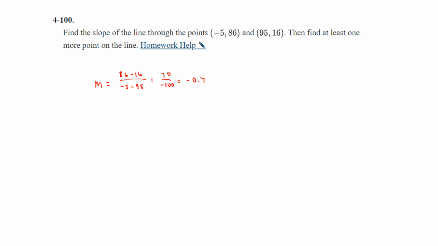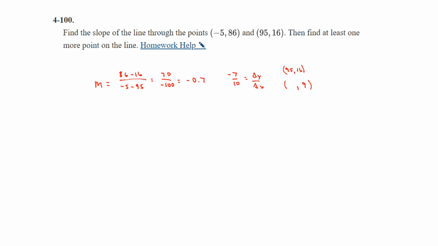Then find at least one more point on the line. You could use that slope, and even if you had it as negative 7 over 10, you could take one of those points and just go down 7 units and right 10. So for example, if I'm going to take the point 95, 16, since this is delta y over delta x, if I change my y by 7 units in the negative direction, that could be 9.